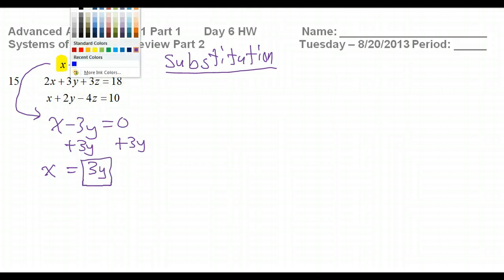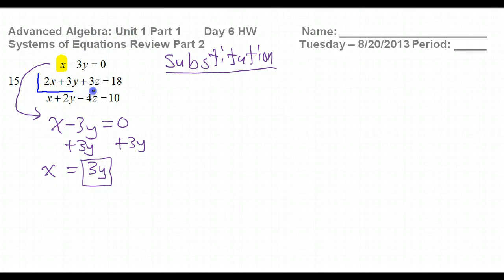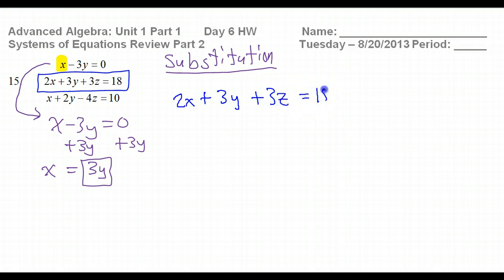So let me just color coordinate. I'll let this equation be my blue equation. So that's going to be 2x plus 3y plus 3z is equal to 18. And I'm going to let this be my red equation.